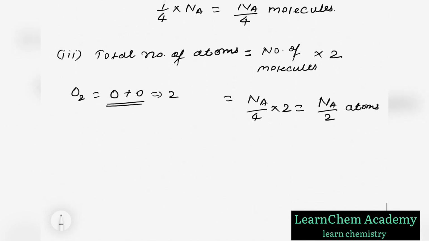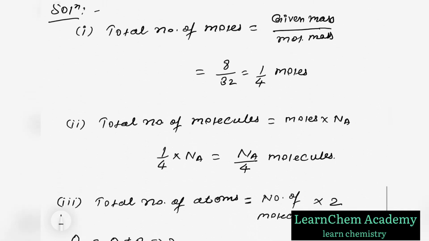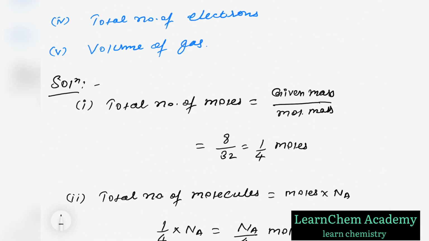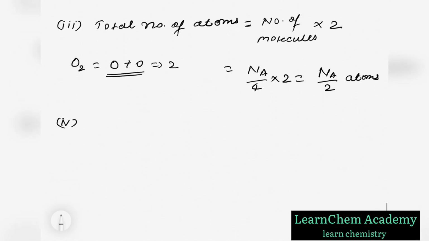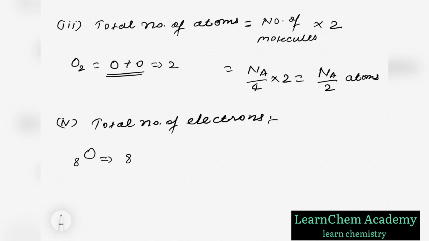Next, fourth question. So fourth question is total number of electrons contained by the 8 gram of oxygen. So as we know, one atom of oxygen contains 8 electrons. It contains 8 electrons and 8 protons.